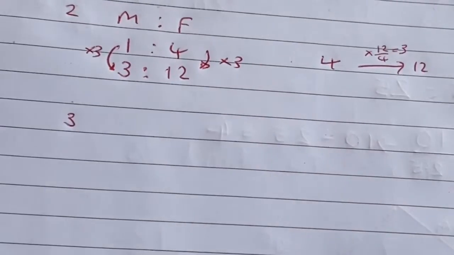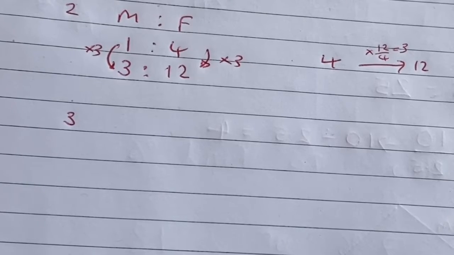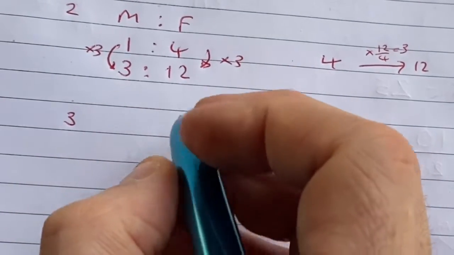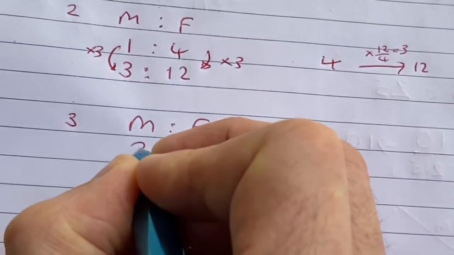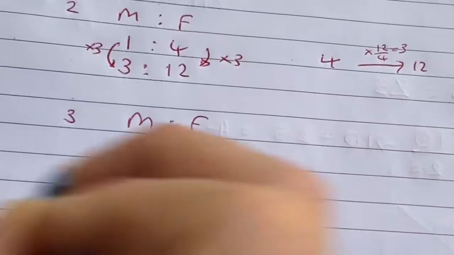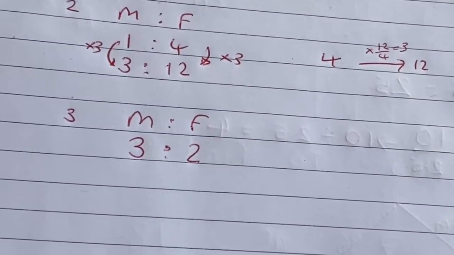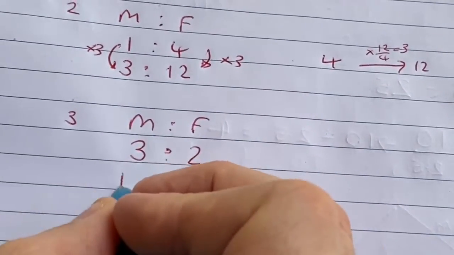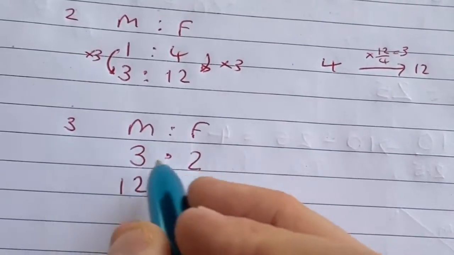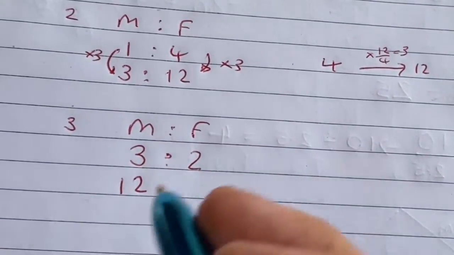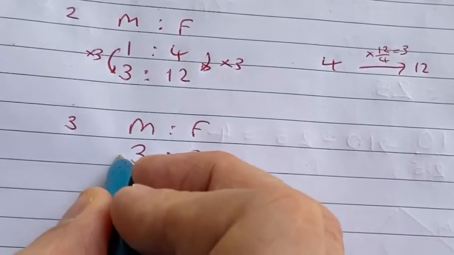Question number 3, it says Raz's group. There are 3 males for every 2 females. So males to females again. It says there are 12 males in the group. So I need to know how many times I've gone through this 3 to 2, 3 to 2 grouping until I've got to 12.